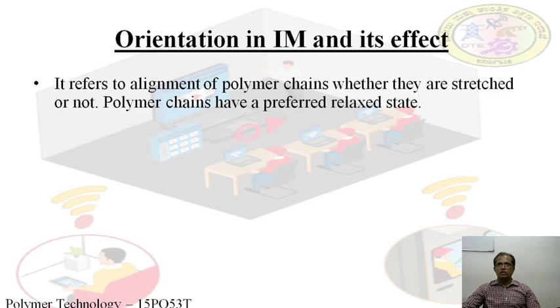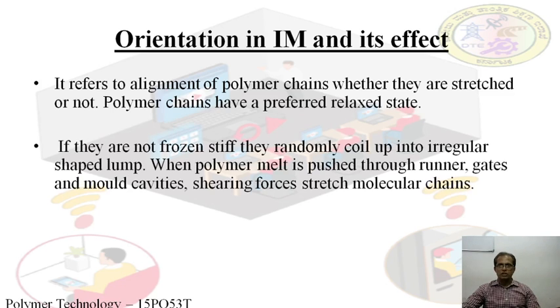Orientation in injection molding and its effects. It refers to the alignment of polymer chains, whether they are stretched or not. Polymer chains have a preferred relaxed state. If they are not frozen stiff, they randomly coil up into an irregularly shaped lump.